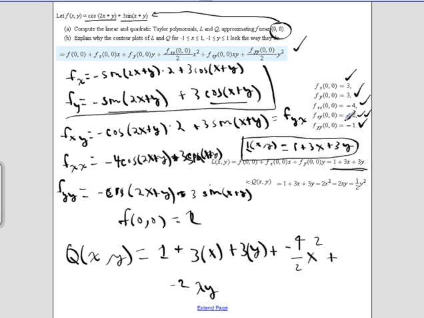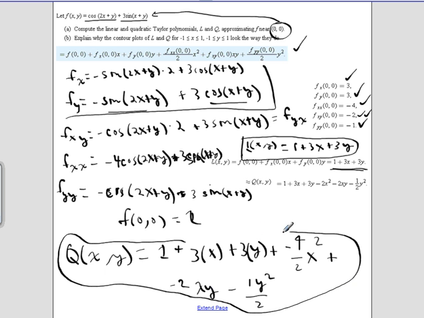So the minus 2 is coming from f partial xy. And lastly, minus 1y squared over 2. So we're just filling in our partials into our second order Taylor approximation.